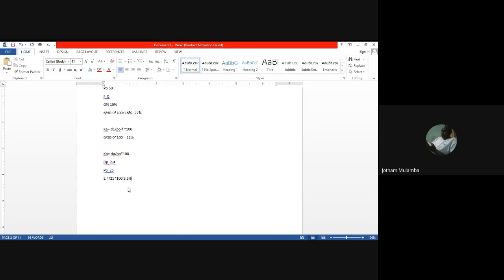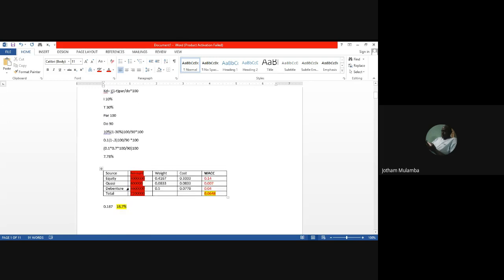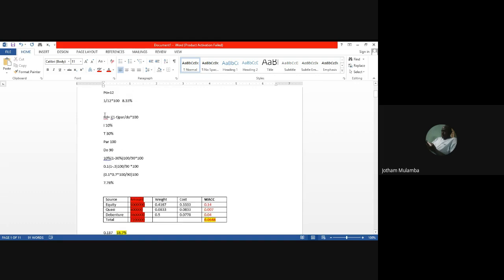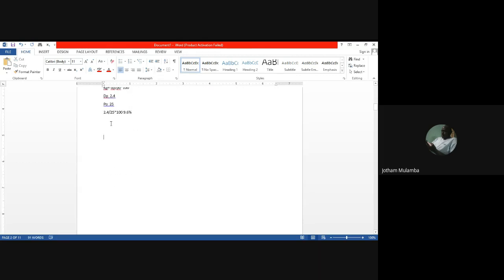So we move on to the last one, and the last one is now debenture. For the debenture, we still use the same formula, Kd equals I. Let me just copy the formula because it's here. Let's identify I in the question.